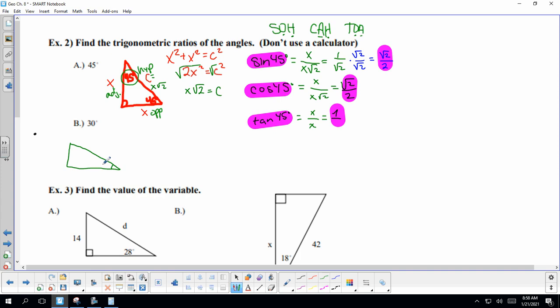So 30 is my small angle. This will be my 90, and this will be my 60. Okay, so 30-60-90 triangle. Let's make our small side x.